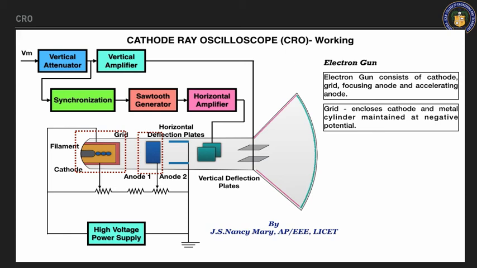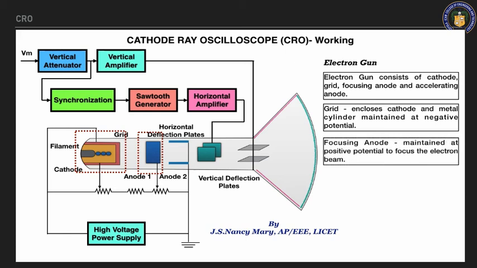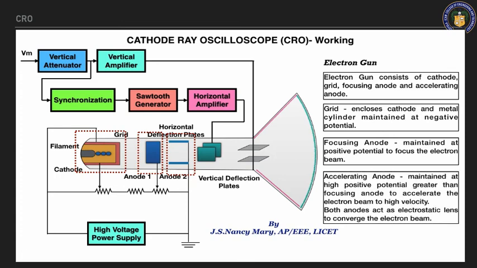Anode 1 will be maintained at a positive potential, while anode 2 will be maintained at a higher positive potential than the previous anode. So one is to focus the beam, the other one is to accelerate the electron beam. It will converge the electron beam through the deflection plates. So this is regarding your electron gun: grid, focusing anode and accelerating anode.